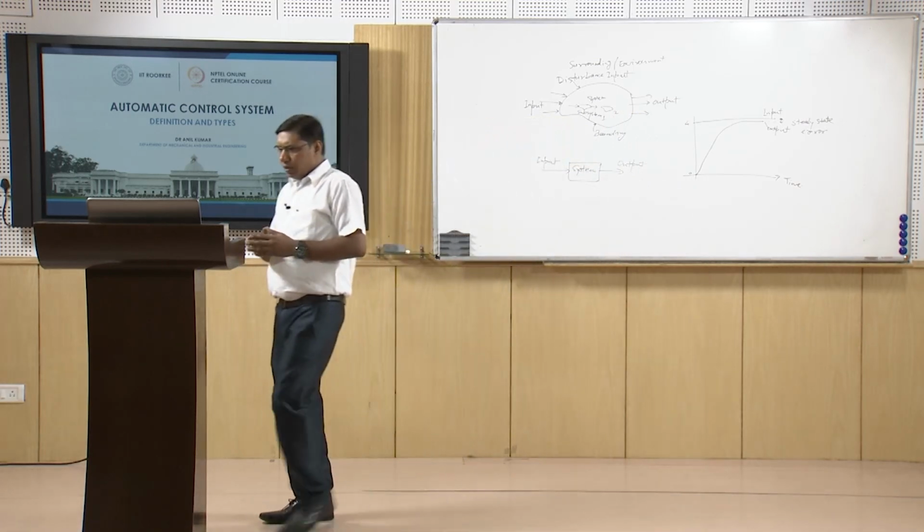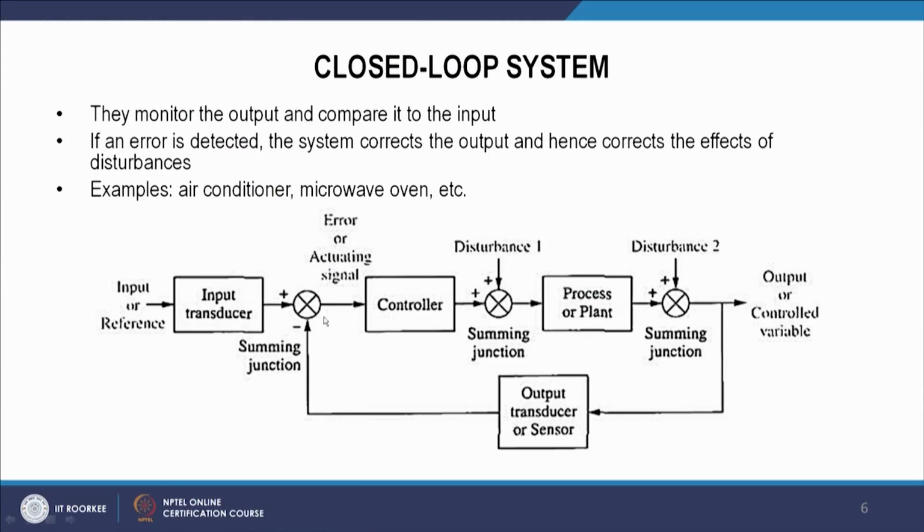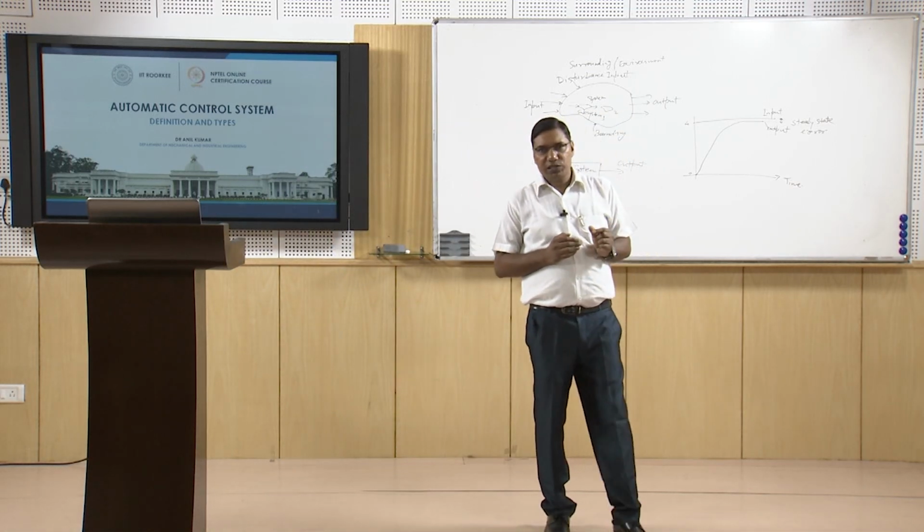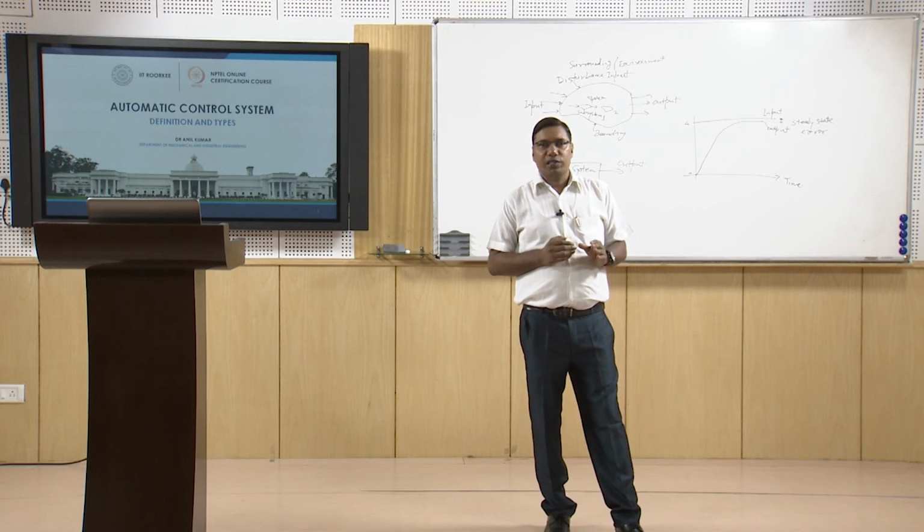So at the summing junction there is input coming from the input transducer and output coming from the output transducer, and here the input and output are compared, meaning the difference between them is calculated and given to the controller.